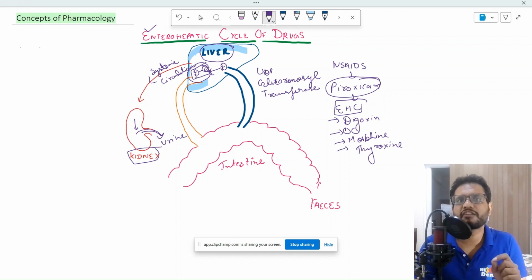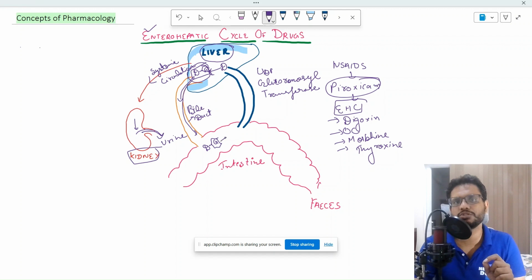A fraction of the drug is going to go to the intestine through the bile duct. This is the bile duct. A fraction of this drug goes into the intestine, where it is deconjugated.